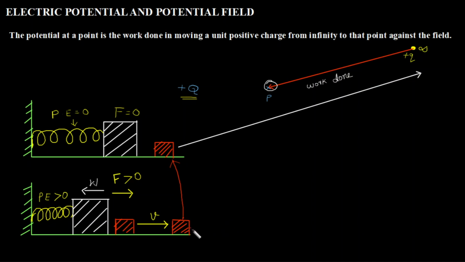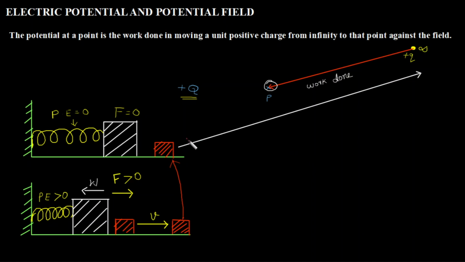Now to understand better, you assume that the spring is in this position, you are bringing this box from infinity, you are here now. Now you push this bigger box with this smaller box, what is going to happen? How much work you have to do to make this box into this position? That work will be equivalent to this force. If you leave this, it will push this side.